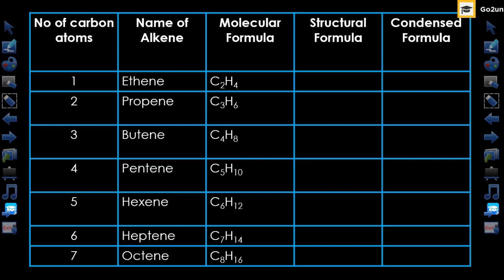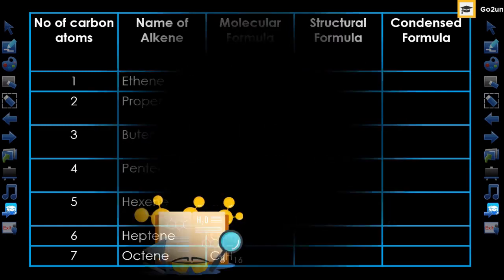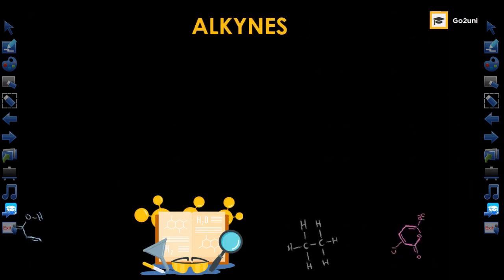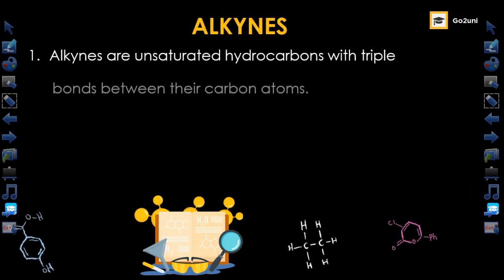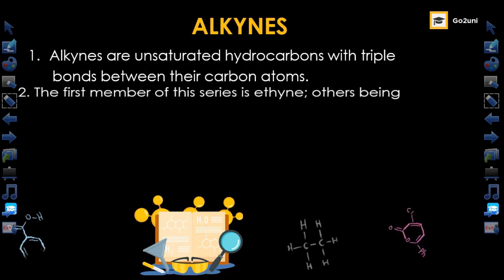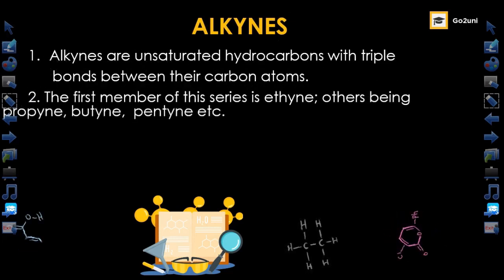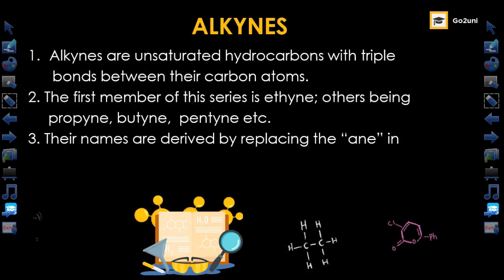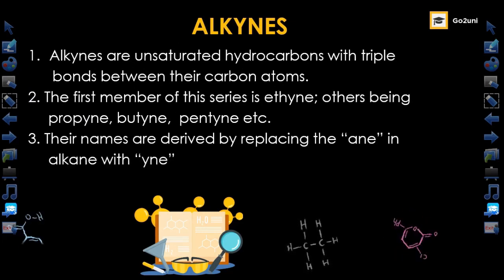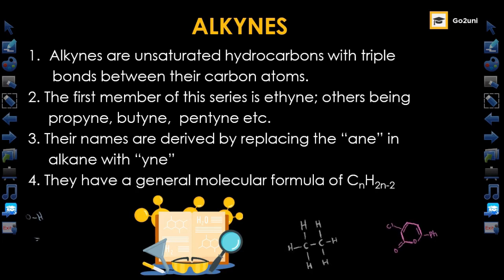So having seen that, let us take a look at the next homologous family, which is alkynes. It is pronounced alkynes. Alkynes are also unsaturated hydrocarbons with triple bonds between their carbon atoms. The first member is ethyne.